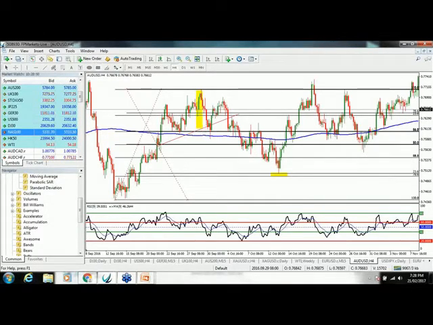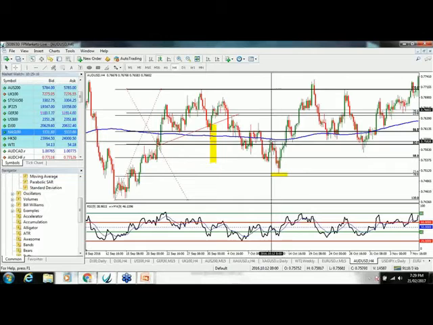We take that and move it down, measuring from the neckline. It gives you that particular area there, and that was quite close to the 61.8% retracement.